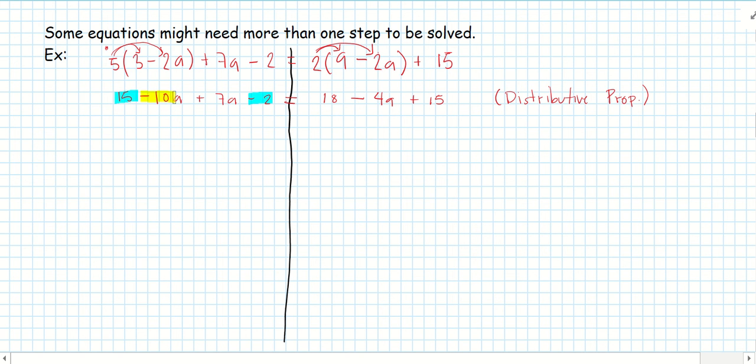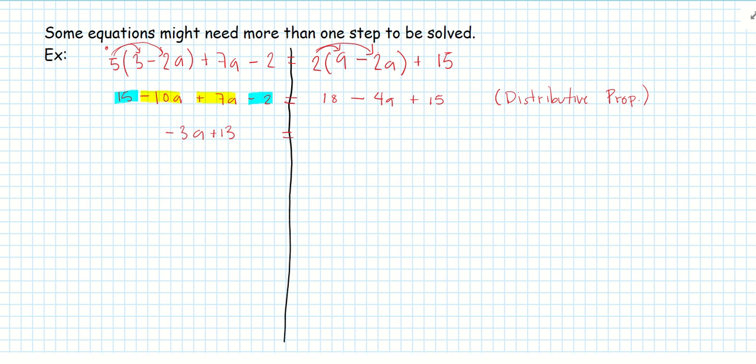And then I have negative 10a and positive 7a, okay? So if I combine them, 15, if I take away 2, that will give me positive 13. And then negative 10a plus 7a will be negative 3a. Okay, so 10 is negative and 7 is positive. I find the difference, which is 3. And then 10 is greater, which is negative, so it's going to be a negative 3.